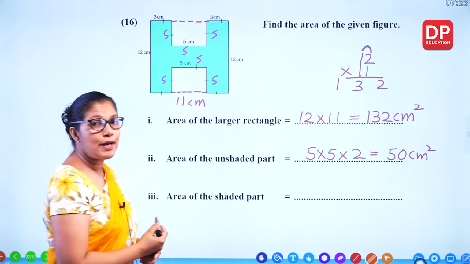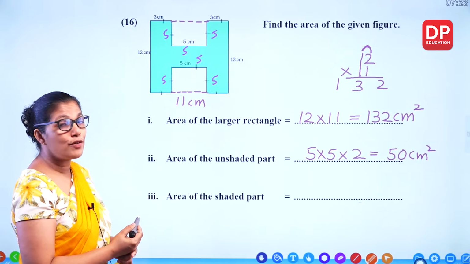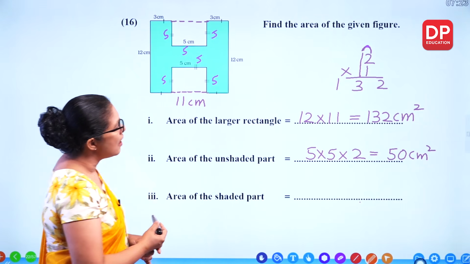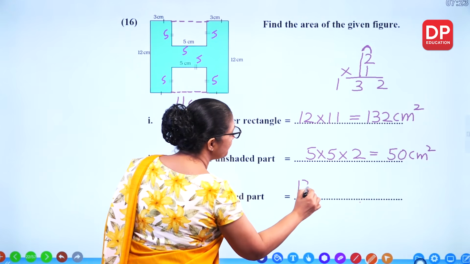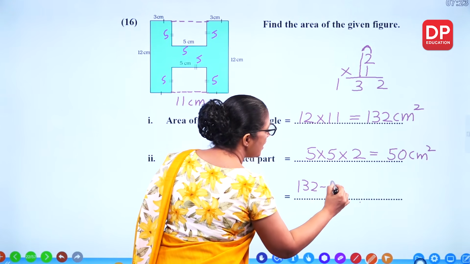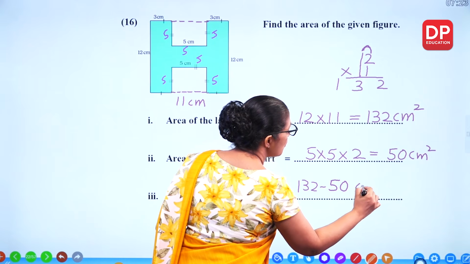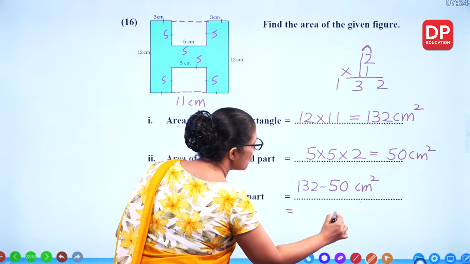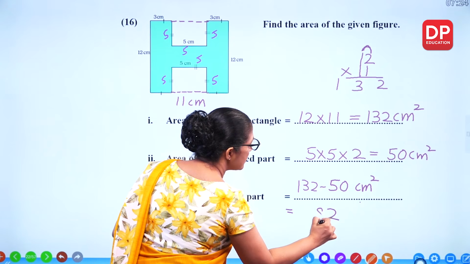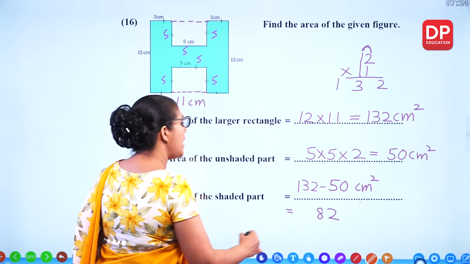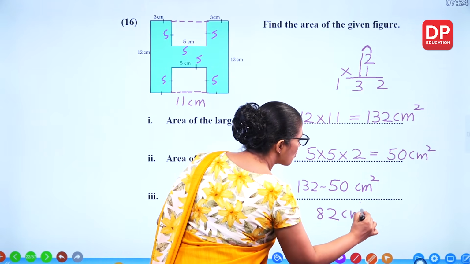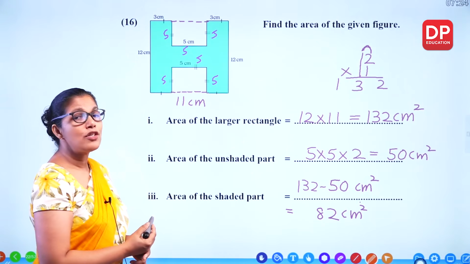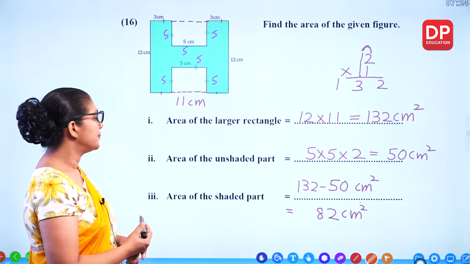That's the unshaded part. So how can we find out the shaded part? So you can subtract 132 minus 50. So you get 2 and 8. So you get 82 square centimeters is the area of the shaded part.